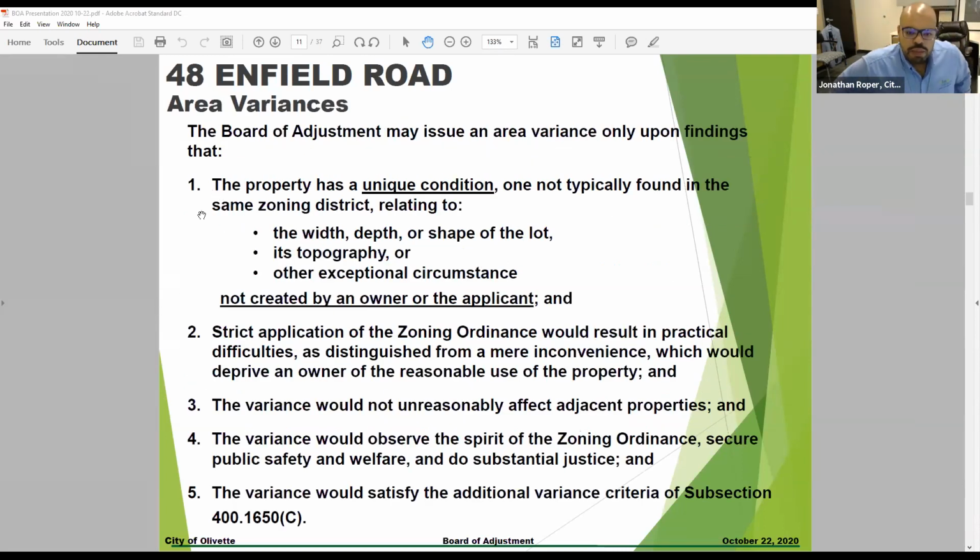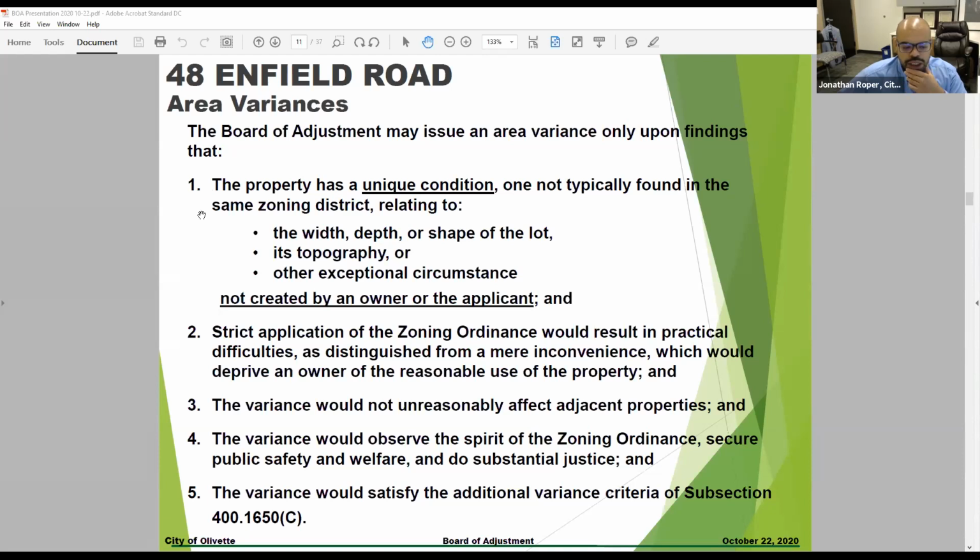And the Board of Adjustment may issue an area variance only upon finding that the property has a unique condition, not one typically found in the same SR zoning district, in this case related to the width, depth, shape of the lot, its topography, or other exceptional circumstances not created by the owner and applicant.